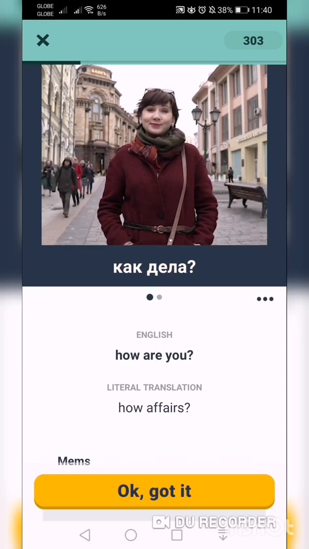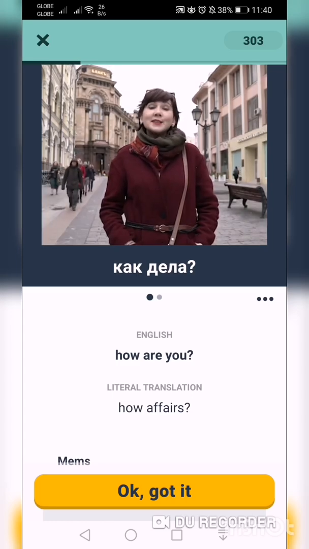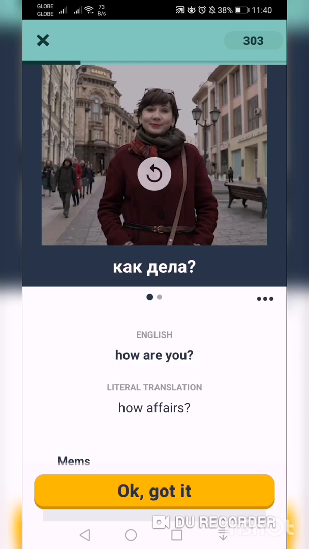Как дела? Okay, now we're finding out how to say how are you. And it's pronounced как дела. Now the letter K in Russian is fortunately just like our letter K. K, k sound. Okay, now the A there is an A, so kak.